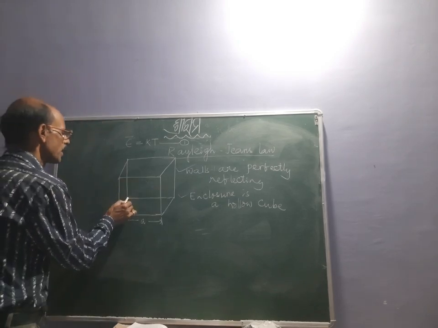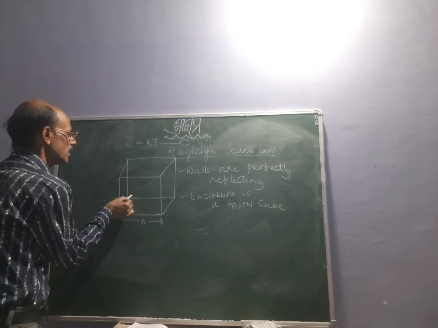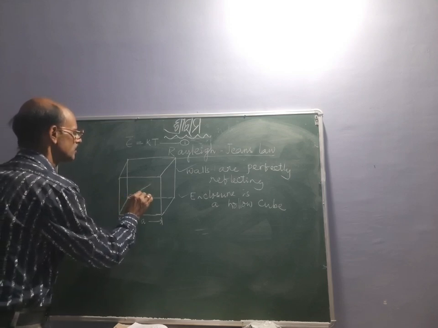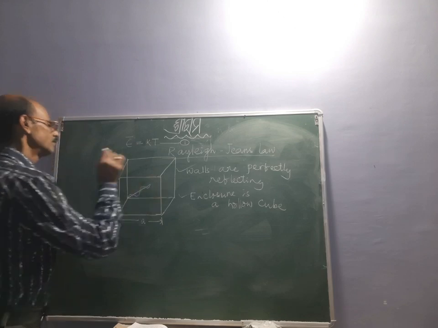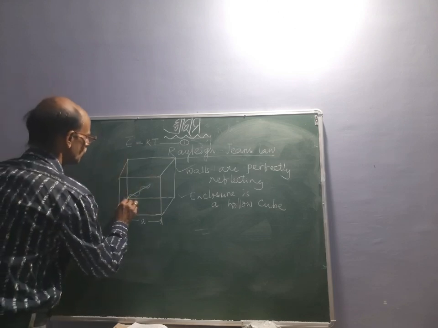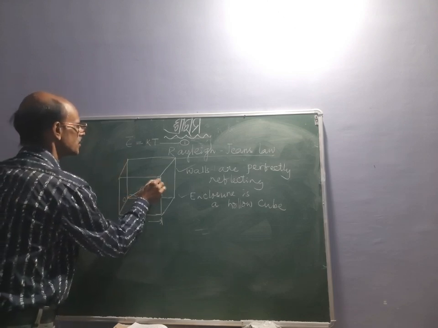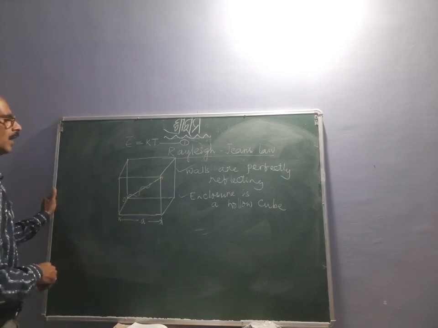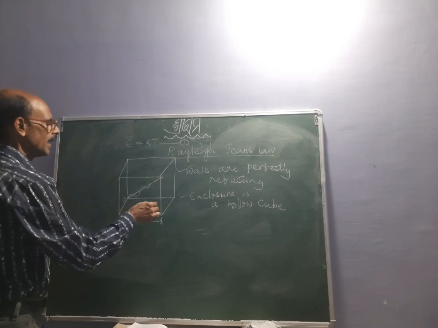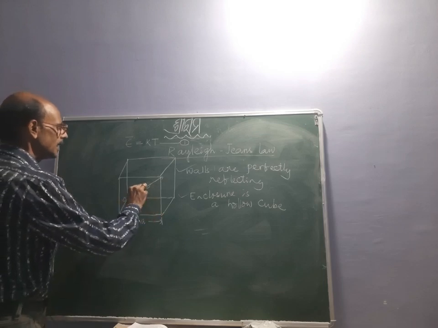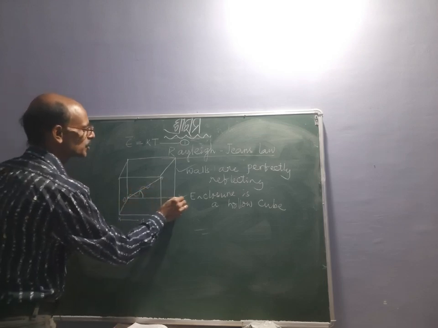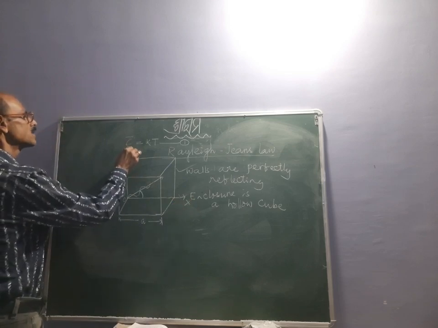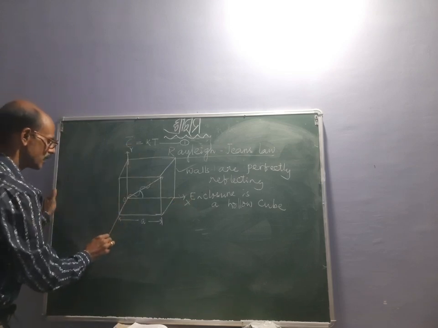Suppose a wave is traveling along this direction. Suppose this is O, it is traveling along this direction. With the x-axis, suppose this is the x-axis, y-axis, and this is the z-axis.